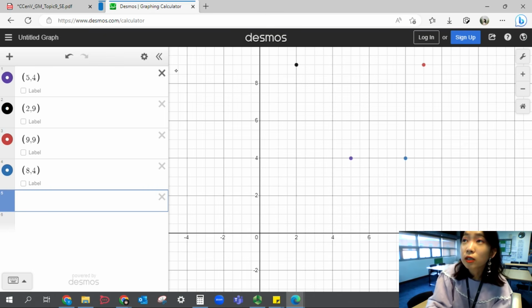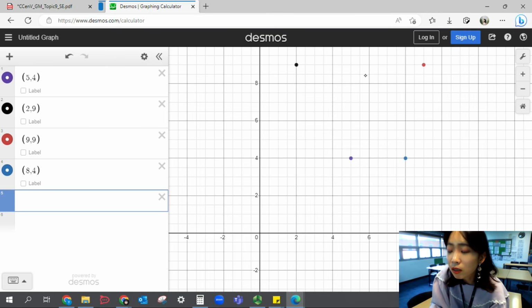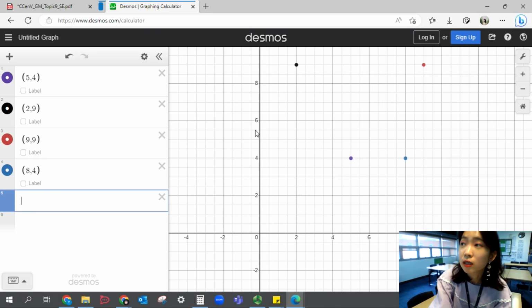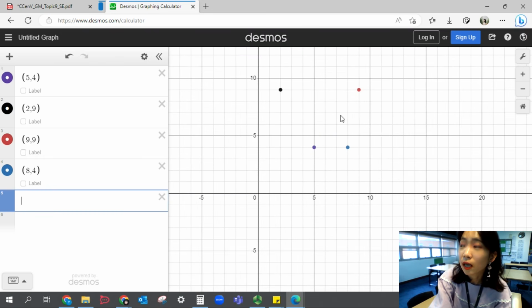We can literally count the height in units. So the difference between 9 and 4 should be 9 minus 4, which is 5. So the height should be 5. This grid line, okay, that is more accurate. So if you count this, 1, 2, 3, 4, 5, that's 5 units, and that's the height.